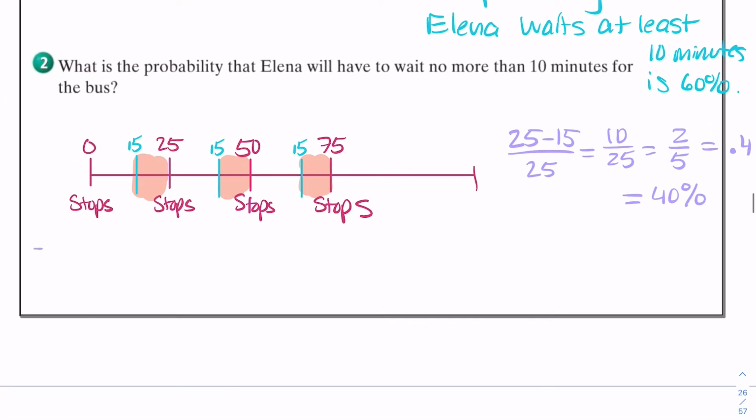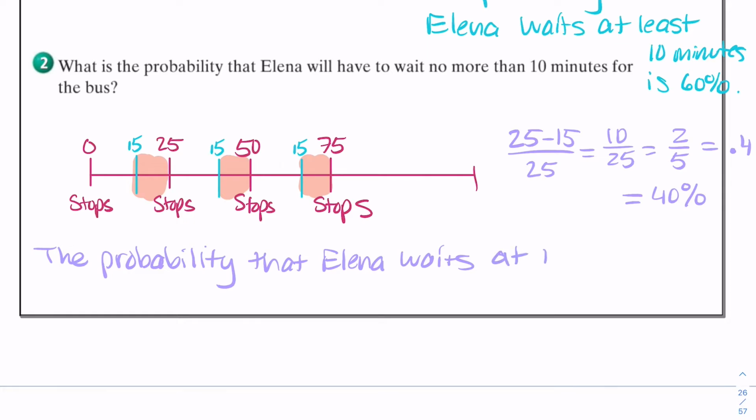So the probability, notice it adds up to 100. Probability that Elena waits at most 10 minutes is 40%.